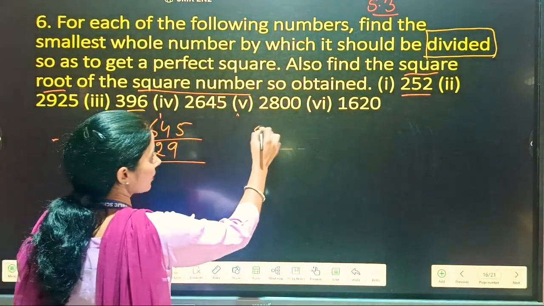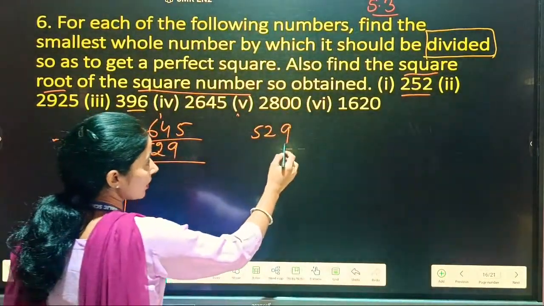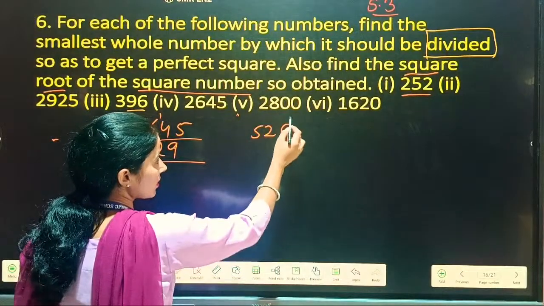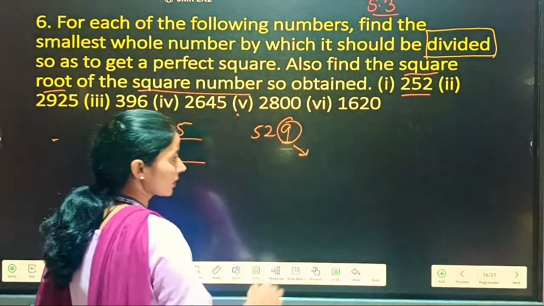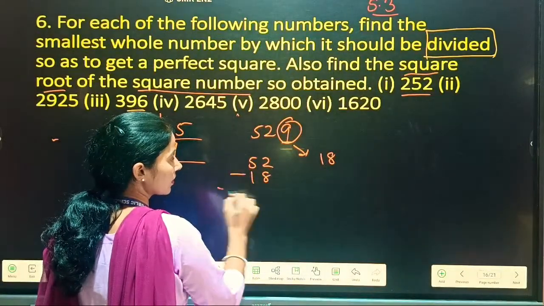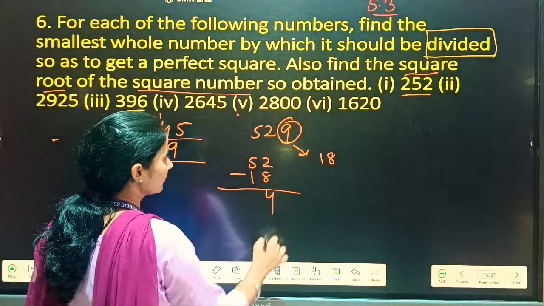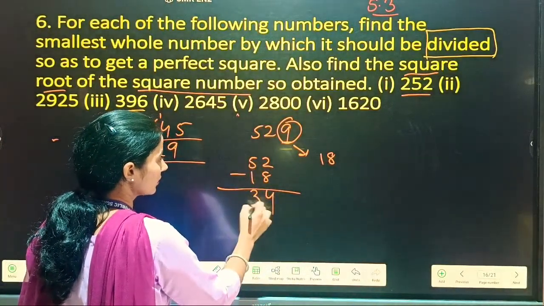Check its divisibility by 7. I told you the divisibility rule of 7. Double the unit digit. It will be 18, and subtract it from the remaining digits. What will be the answer? 12 minus 8 is 4, and 4 minus 1 is 3.